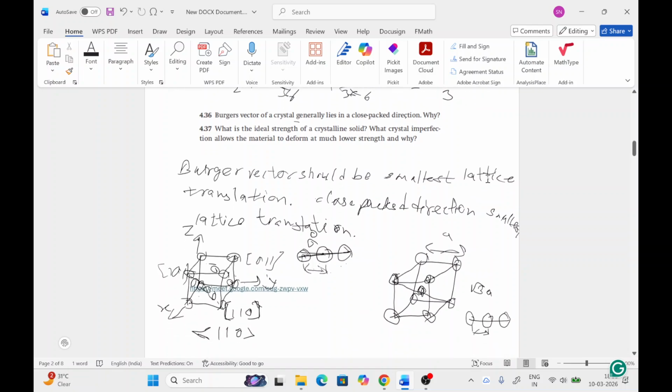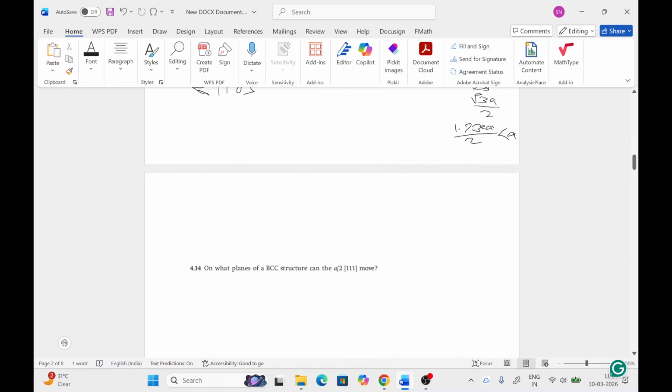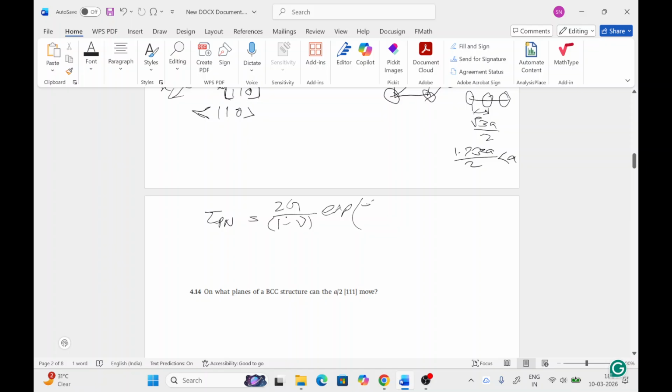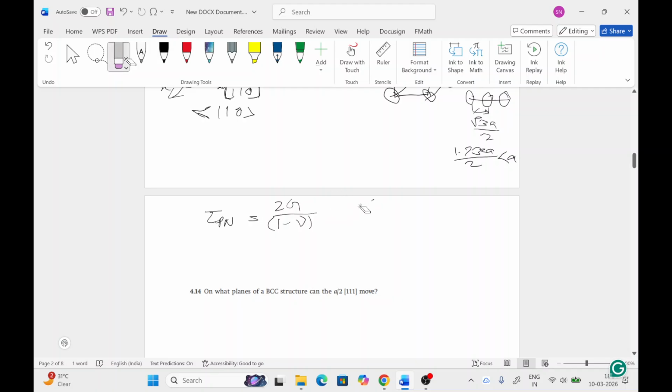The Peierls-Nabarro stress is given as 2G divided by 1 minus nu, exponential of... no, this is not the Peierls-Nabarro stress. The Peierls-Nabarro stress comes when the dislocations are present.